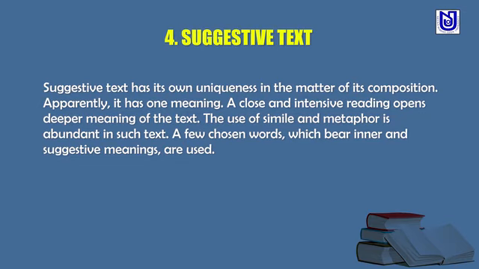A few chosen words which bear inner and suggestive meanings are used. Suggestive text is very particular and very much connected with deep reading. So it has its own uniqueness. Through this text, the writer tries to make it more meaningful and more suggestive.